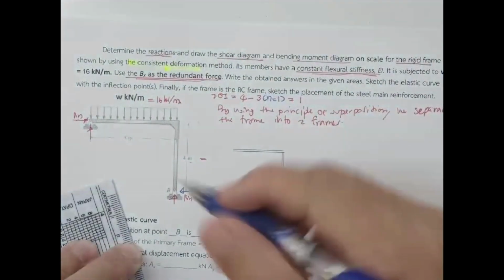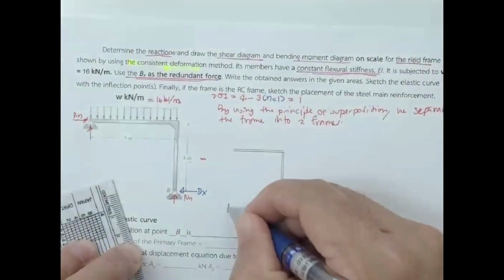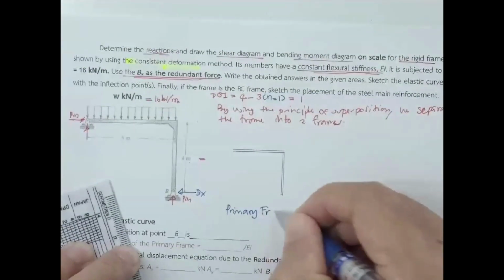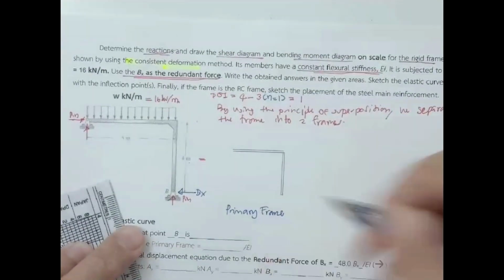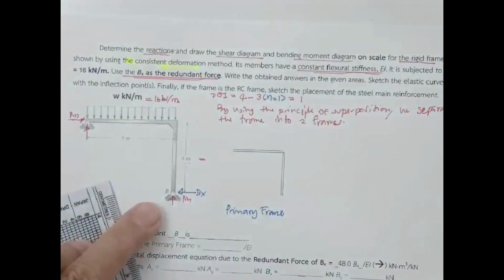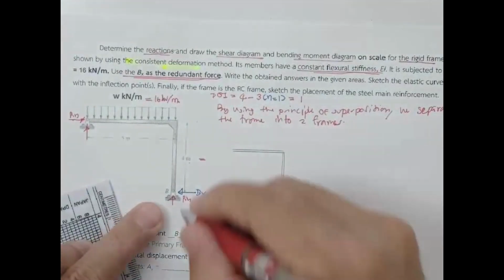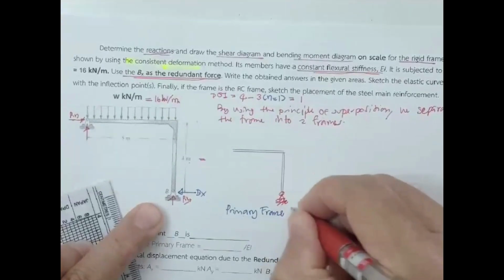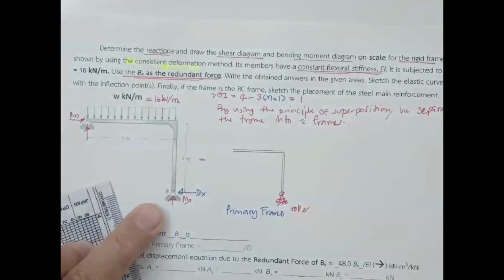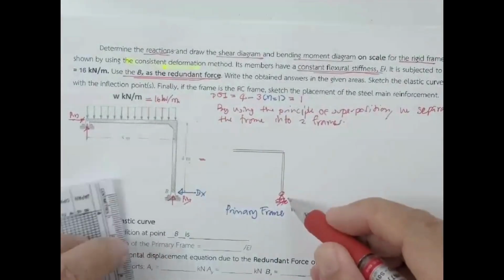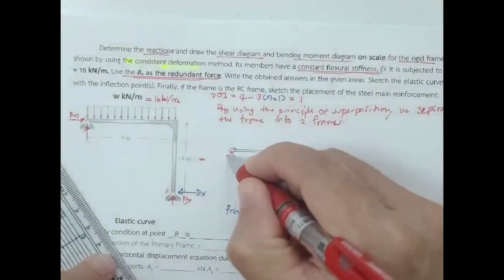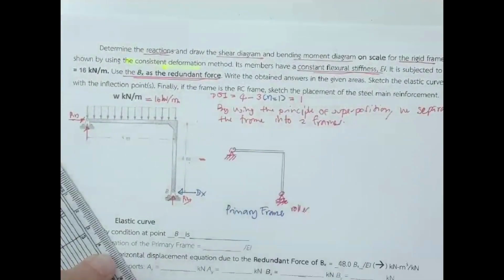Since you said B sub X is going to be our redundant force, at the point B of the primary frame, you have to change the pin into the roller, and free from B sub X. And then at the point A, the structure still has the pin support as usual.